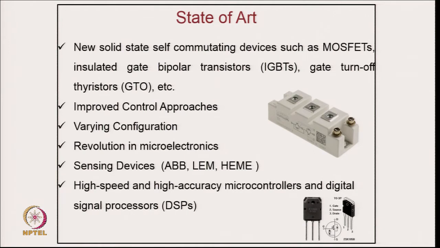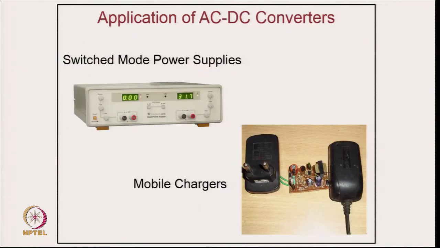We also have to use sensing devices such as Hall effect current sensors and voltage sensors, manufactured by many makers like ABB, LEM and HEME, and high speed, high accuracy microcontrollers and digital signal processors for implementing the control of these converters.